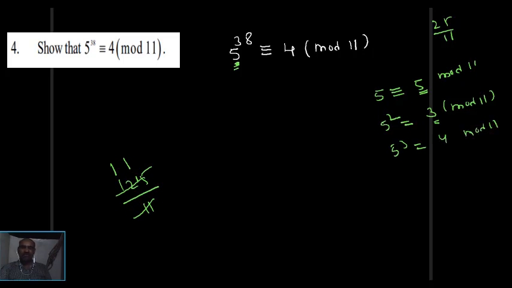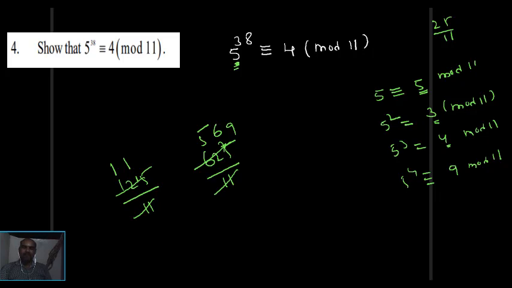I don't like this because 4 is a bigger number. So 5 power 4 is 625. 625 divided by 11: 11 fives are 55, 11 sixes are 66, remainder 9. What I can say is that it is 9 modulo 11.